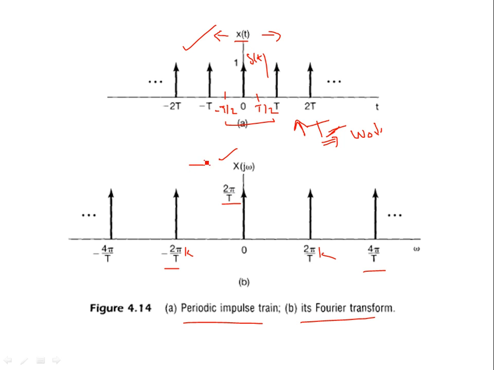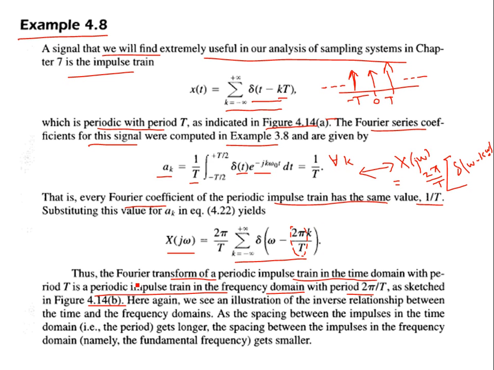In the frequency domain, they're getting closer and closer. So it's the other way around. Here again we see an illustration of the inverse relationship between the time and frequency domains. As the spacing between the impulses in the time domain, the period, gets longer, the spacing between the impulses in the frequency domain, namely the fundamental frequency, gets smaller.